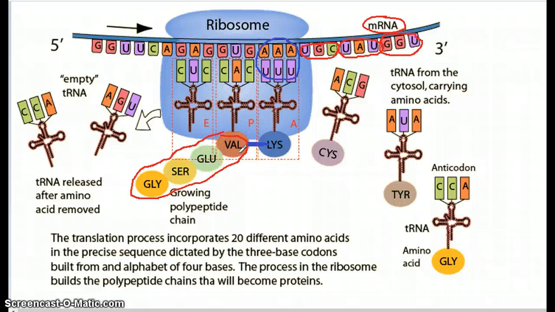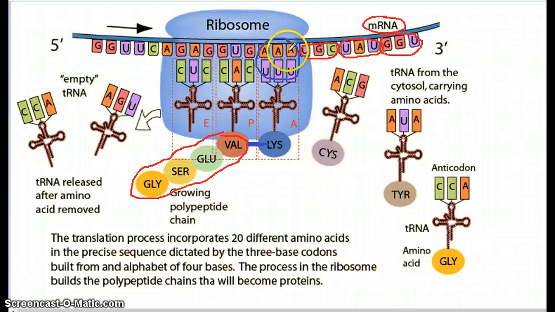Now, to repeat what I said, the mRNA slides through or locks onto the ribosome, and the ribosome will read the mRNA. It's read by codons, which are the triplets of nitrogen bases. So once a triplet is read, an anticodon locks in, and that anticodon is attached to a tRNA, and on the other end of the tRNA, an amino acid is attached.